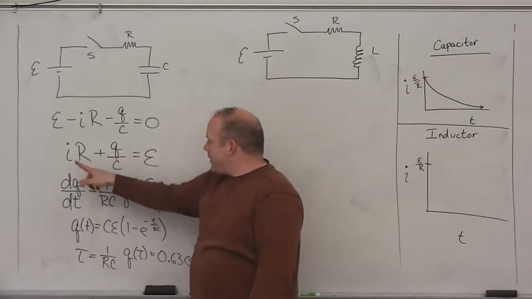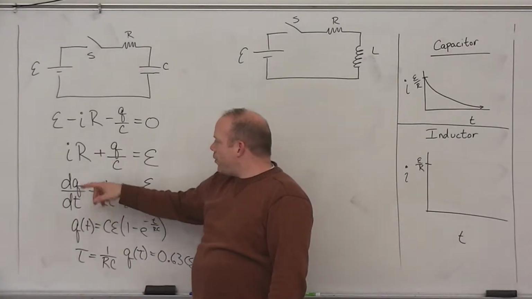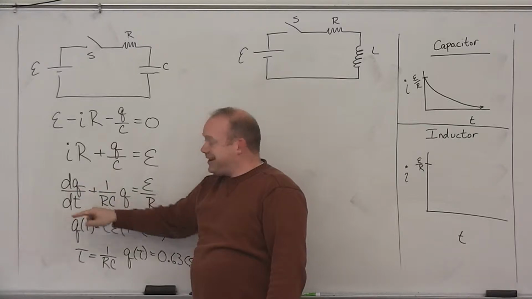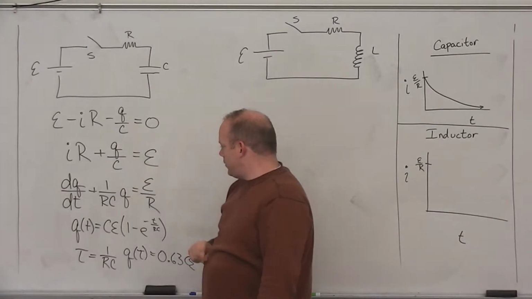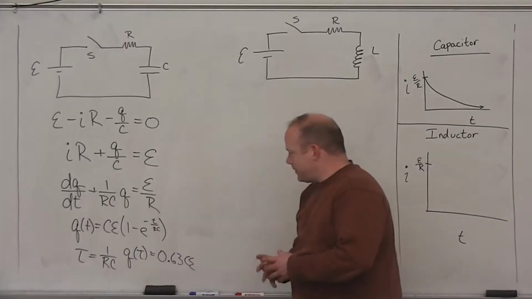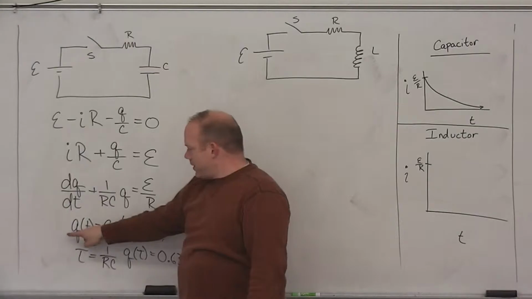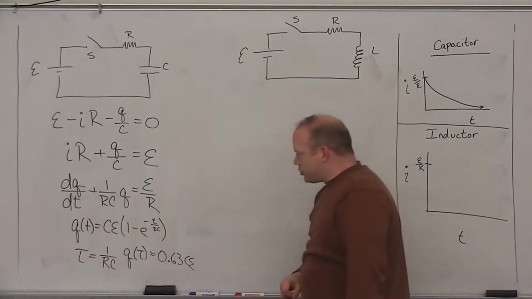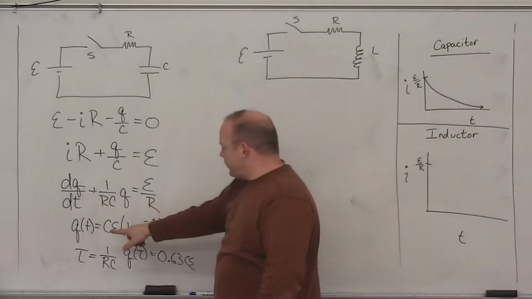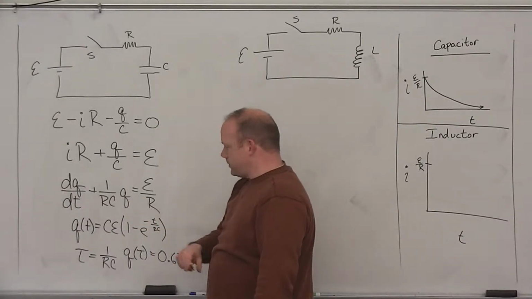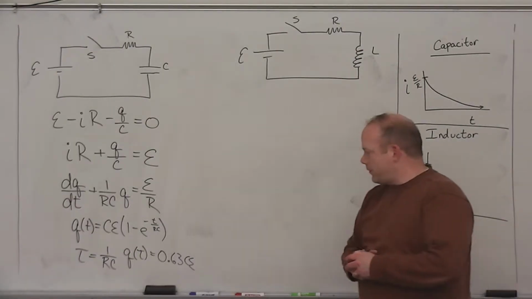Now I'm going to divide everything by R. So I is dQ/dt. This becomes 1 over RC times Q, and this is E over R. From that, we were able to see that the charge on the capacitor was equal to CE, the EMF, times 1 minus e to the negative t over RC.